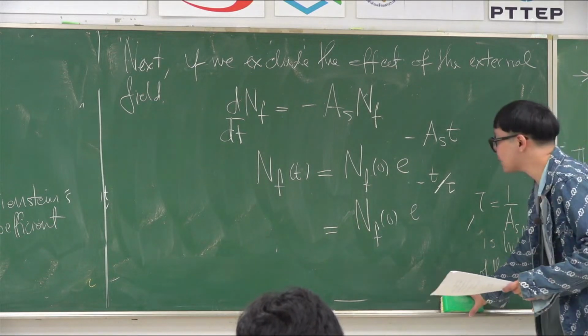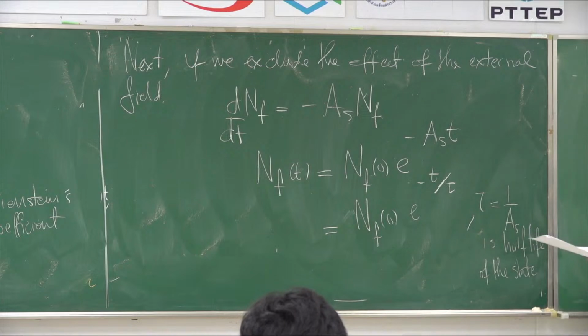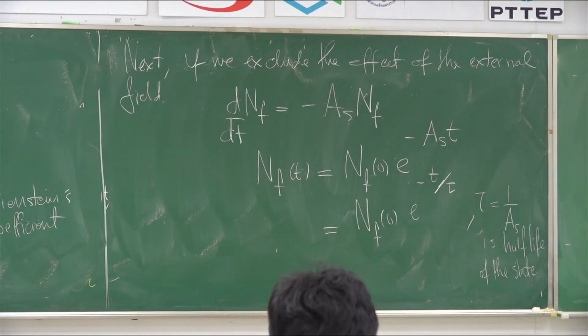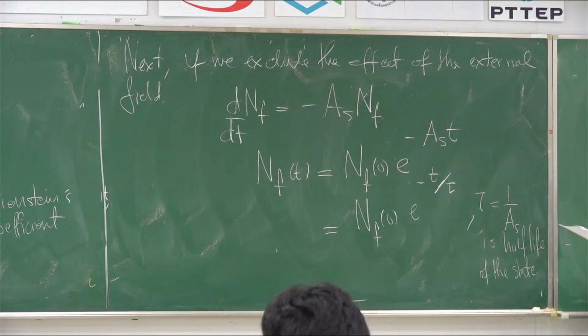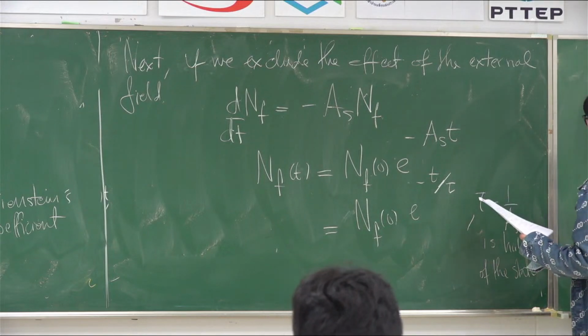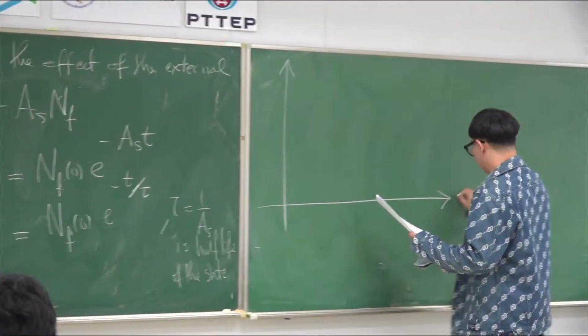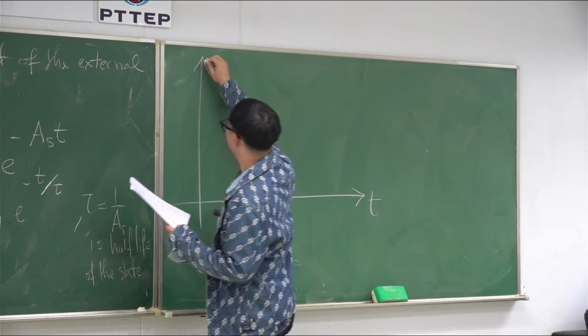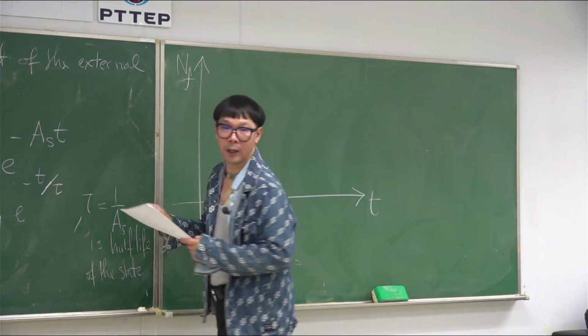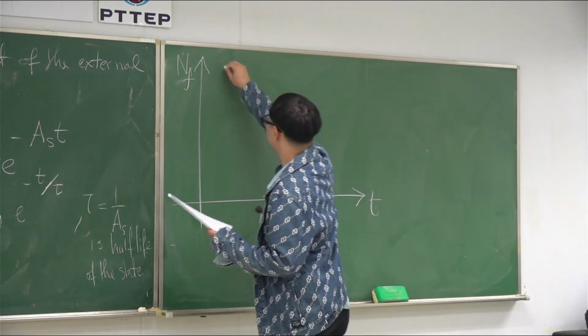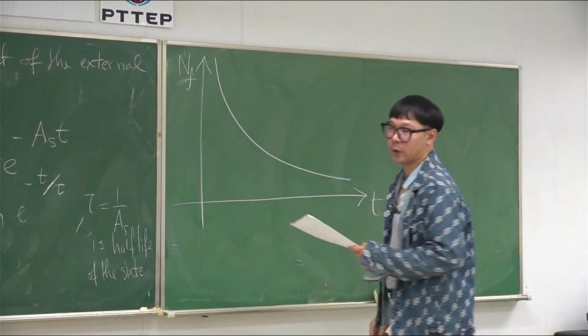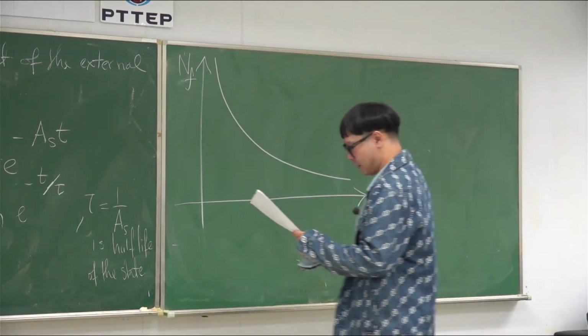If you plot the graph, this is T, and this is NF. You will get a graph like an exponential, like this, right?